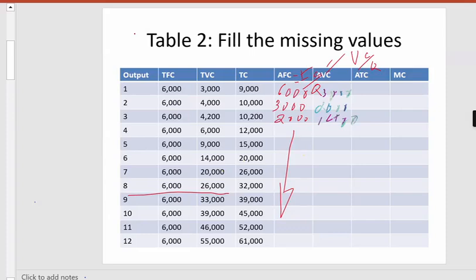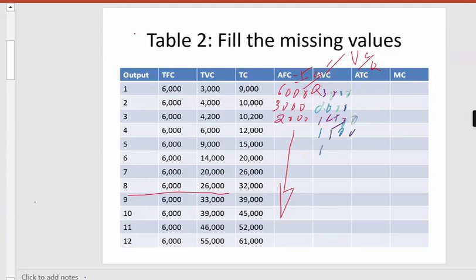Halafu 6,000 gawanya kwa 4, 1,500. Sawa. Starting from here, 9,000 divided by 5. You get how much? 1,800.